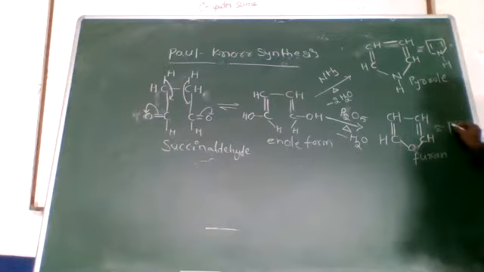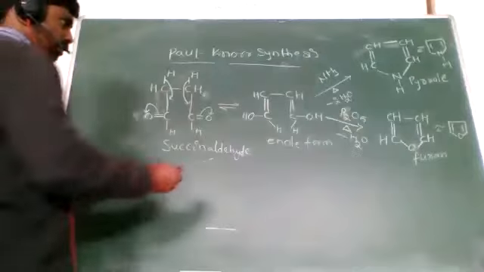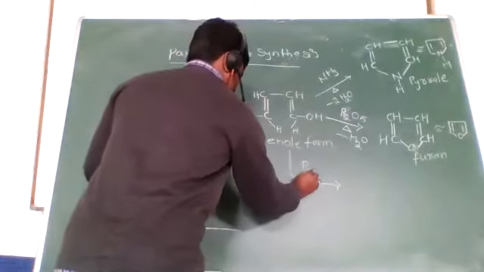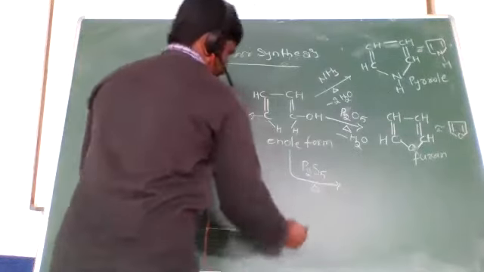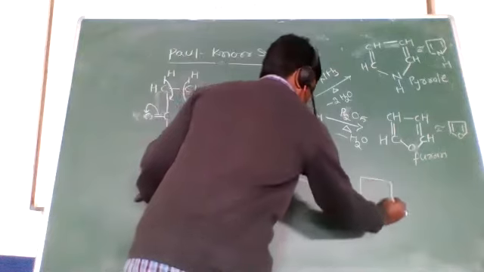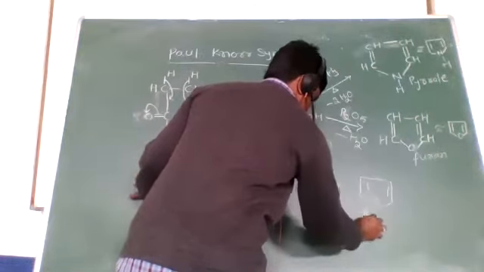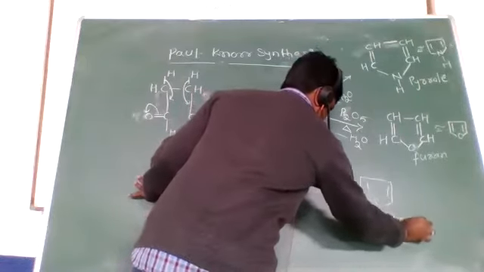Next, when it is heated with phosphorus pentasulfide, we get what is that name? Thiophene. We get thiophene.